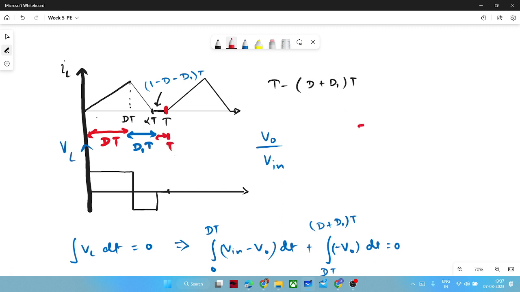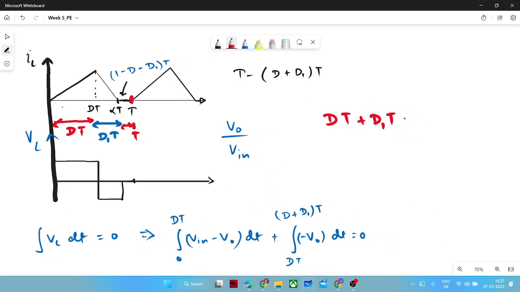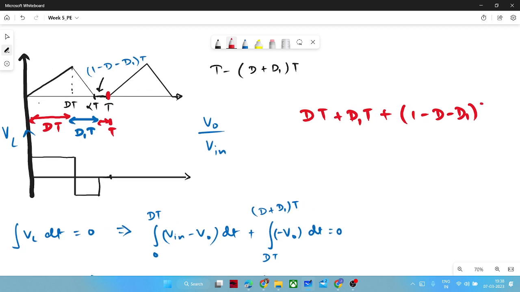So dT plus D1T plus that period that I have already calculated, (1 minus D minus D1) into T, that will lead to T. So this additional term has to be added to get equalized to T. You got my point, or do you still have some confusion?